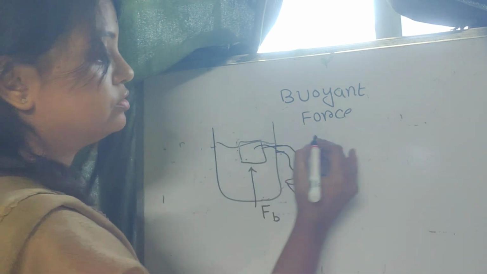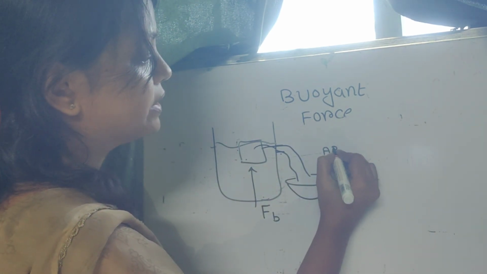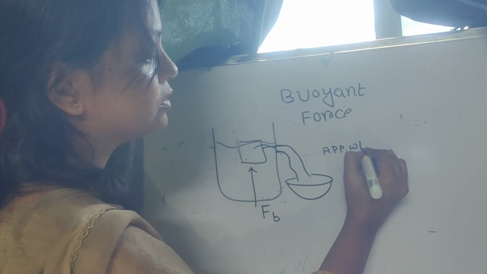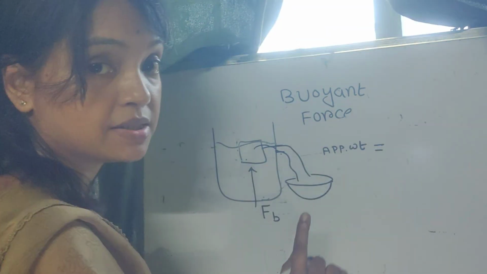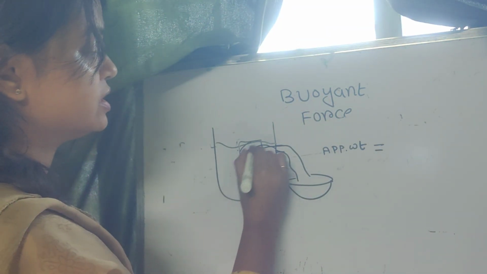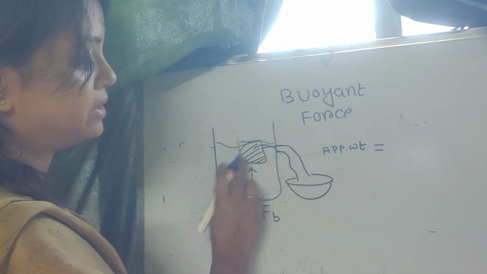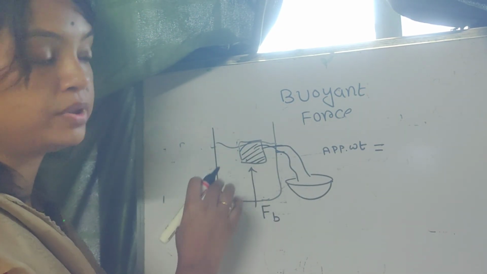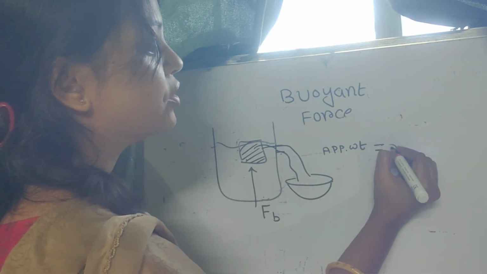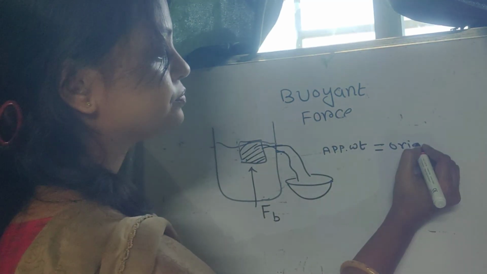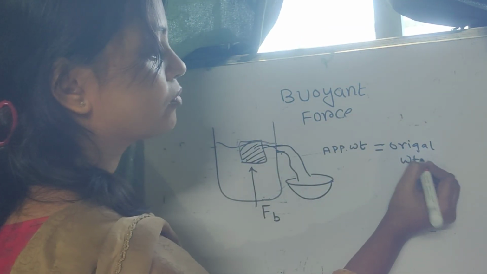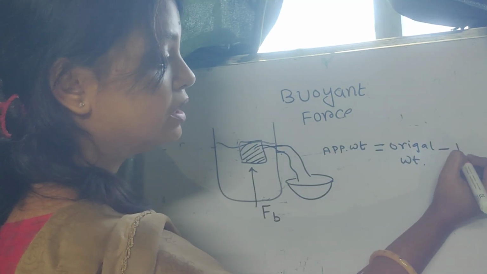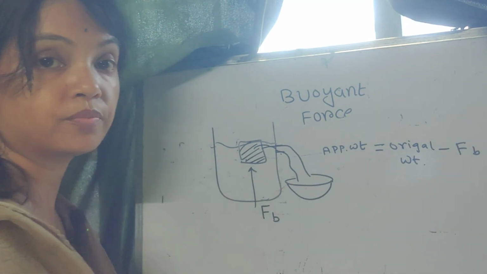And we can write the apparent weight of the object, that is submerged inside the water or liquid, is equal to the original weight minus the buoyant force.